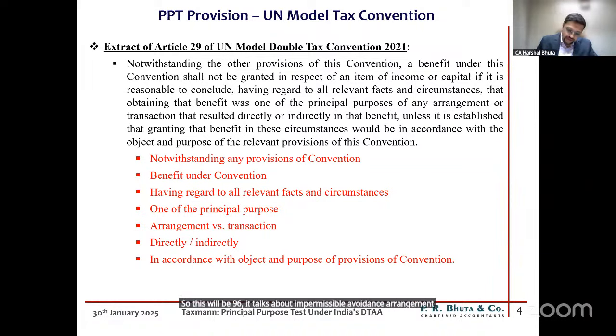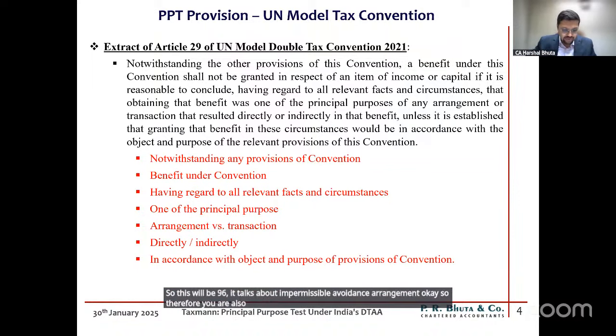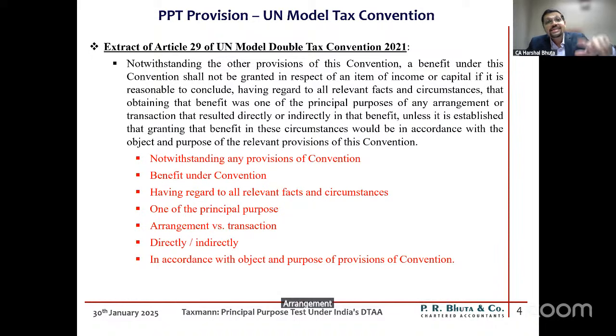So here also you will see the definition of arrangement per se. Under Article 29 also it is arrangement or transaction, but in any case, arrangement includes a transaction. So there we can see some kind of parity between this and GAAR. Arrangement or transaction that indeed resulted in that benefit.